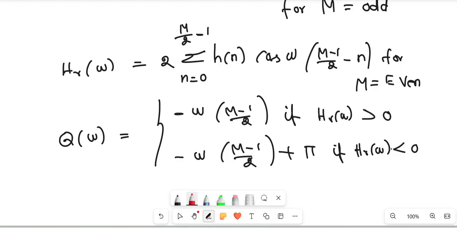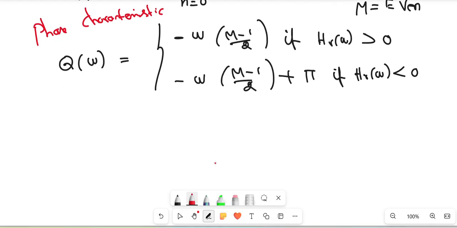The phase characteristic of the filter, for both M odd and even, is minus omega (M minus 1) by 2 if the real function is greater than 0, and plus pi if the real function is less than 0.